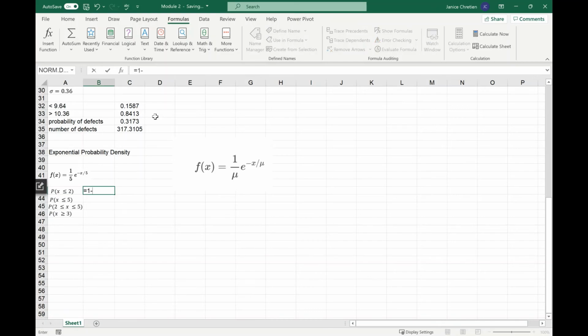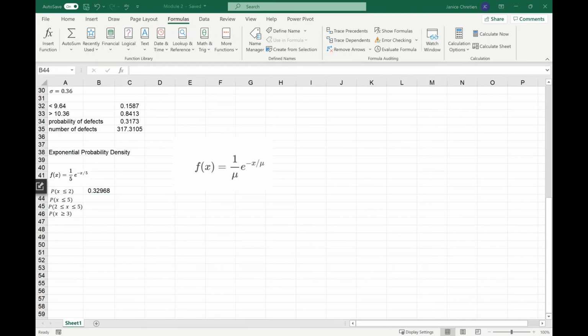Equals 1 minus exp, then I have negative x, which in this case is 2, divided by the mean, which is 5.